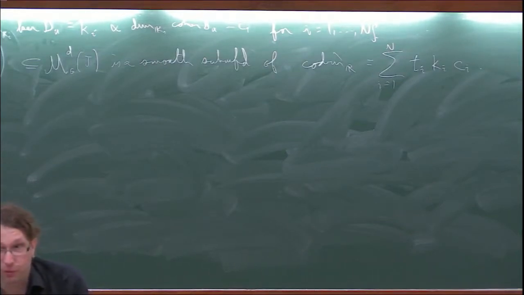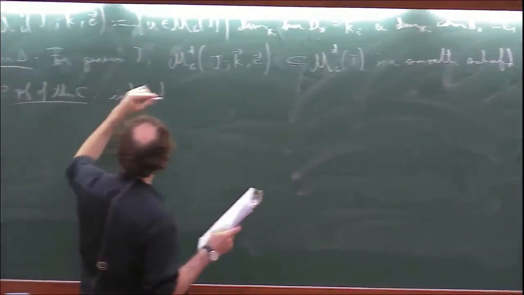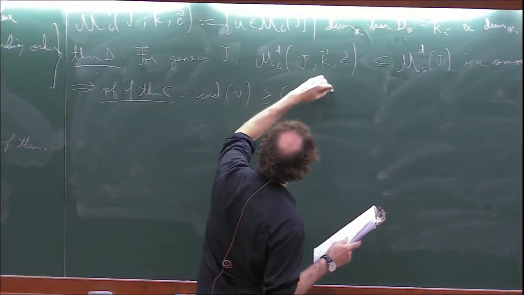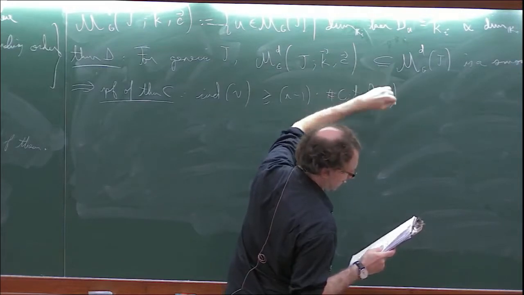First, I can already sort of explain why Theorem C is true. Theorem C was the statement that under some technical condition on dimensions, let me state it again. The condition was we have a branch cover V of φ such that the index of the underlying simple curve is at least n minus 1 times the number of critical values of φ.